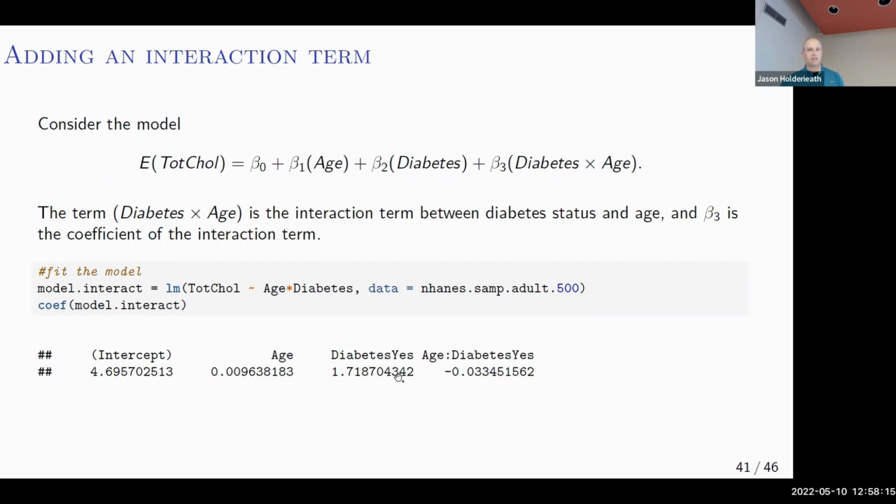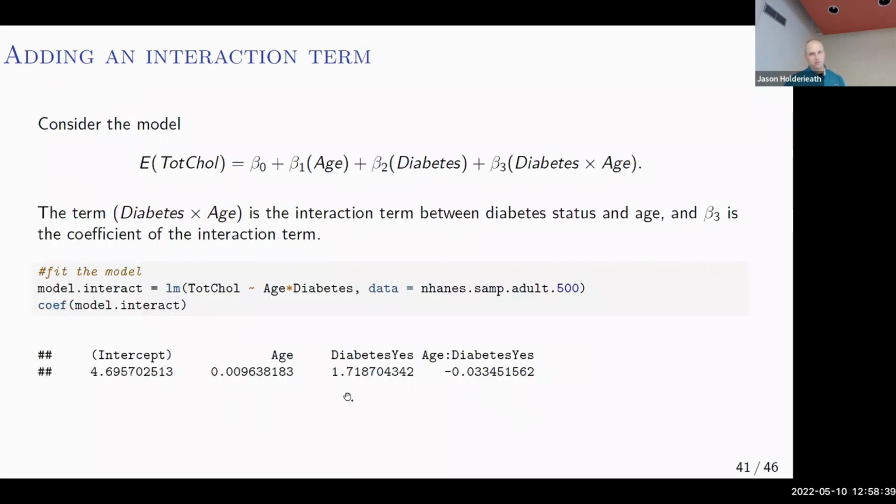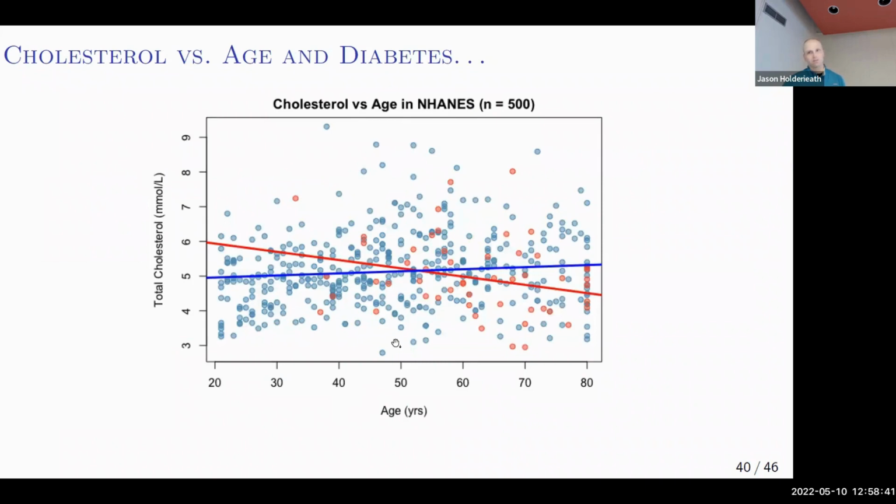And the effect for diabetics is muted by the diabetes. So it's going to make this slope smaller. In fact, negative. Interesting.